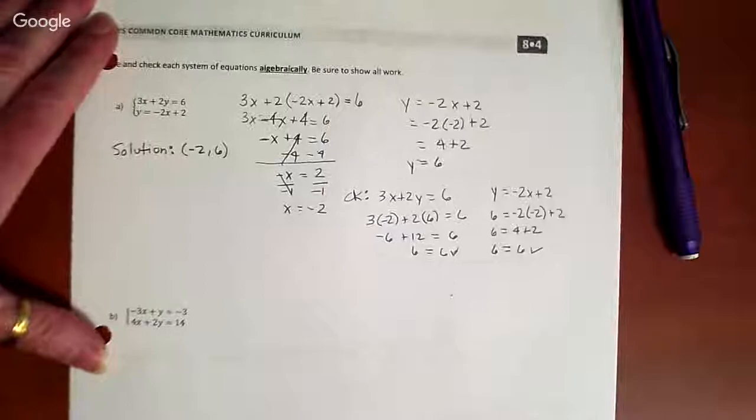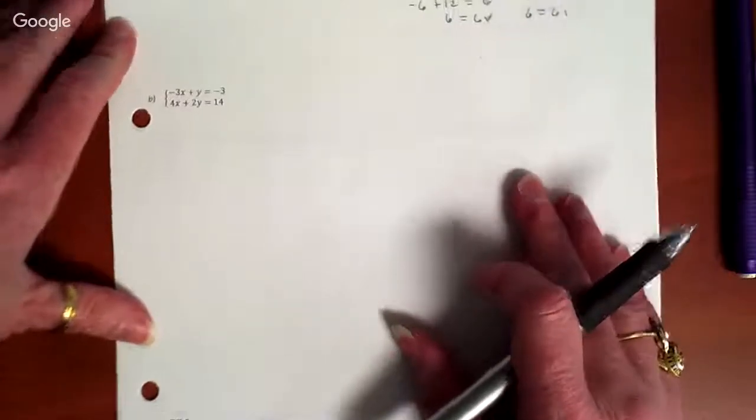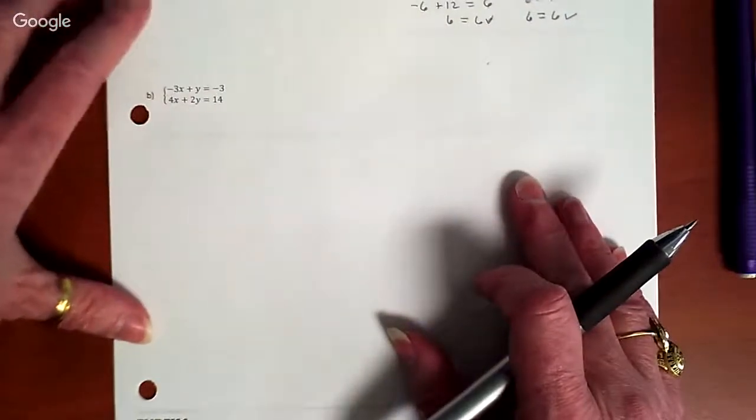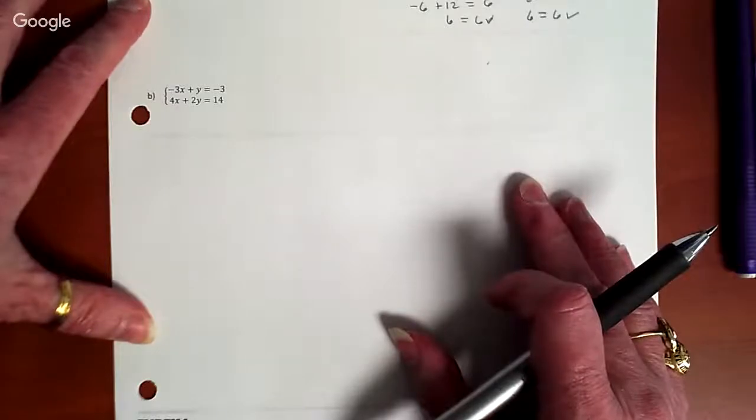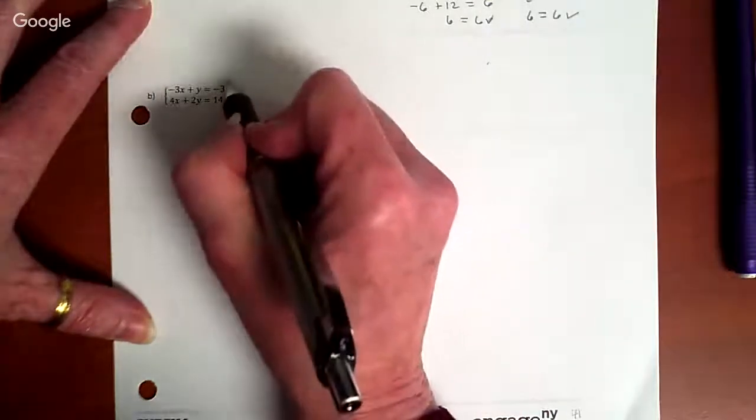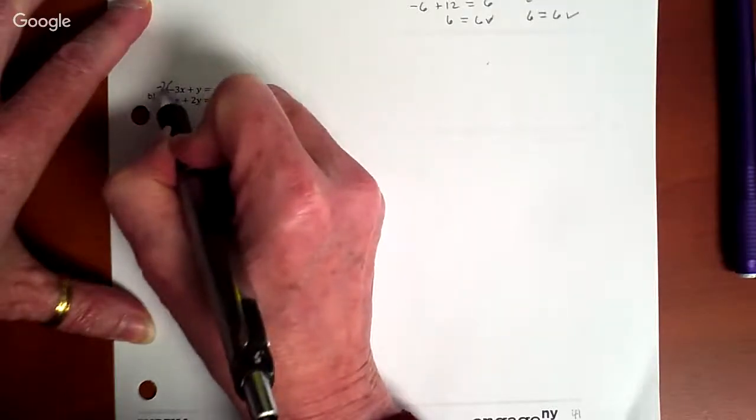Okay. Our next question, we will solve this by elimination. I am going to multiply the top by negative 2.